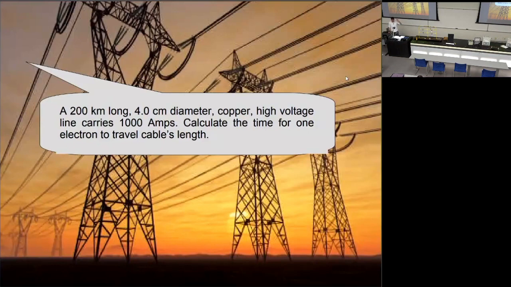It has 4 centimeters diameter, so 2 centimeters radius. We're told it's carrying 1,000 amps of electrical current. I mean, that's a very long cable. It's a very fat cable, and it's carrying an awful lot of current, 1,000 amps.